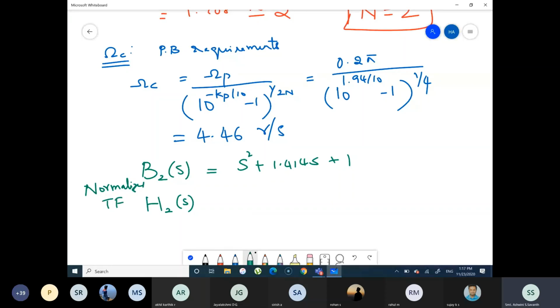H2 of s is 1 by B2 of s. So 1 by s square plus 1.414s plus 1. That is the normalized transfer function H2 of s.